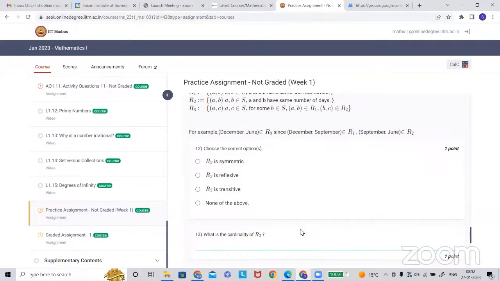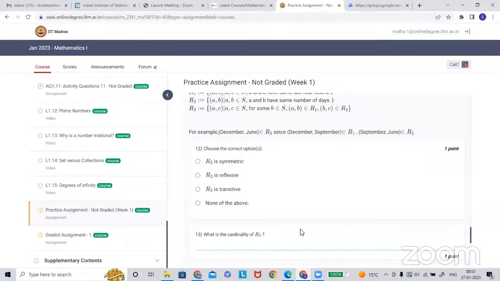Understood. So see, the partition is happening using the third relation. You made a class: in the first class it is going to be January, March, May and so on, in the second class April and June, and in the third class February, which has only 28 or 29 days.